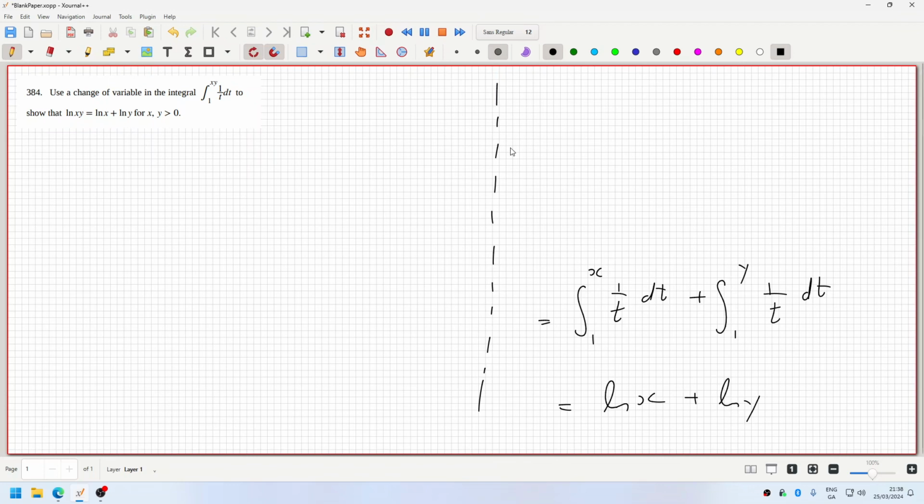What I'd really like is if I could get the limits to be the same.